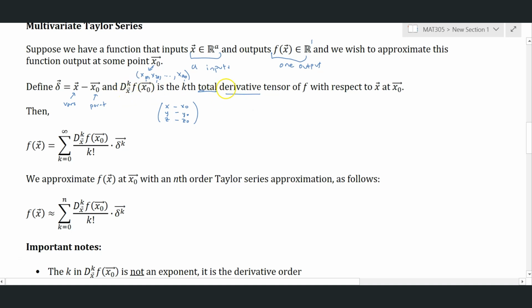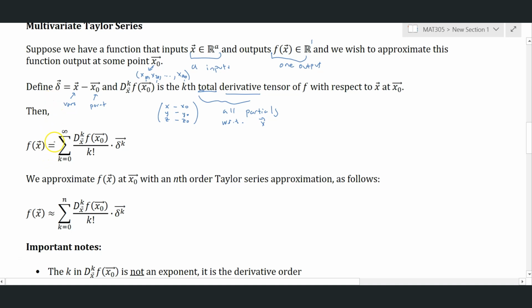And all we mean by total derivative is that it has all the derivatives, all the partials with respect to x. We call that the total derivative. As we get more and more of these, we're going to have to add more and more dimensions. We'll see that pretty soon.